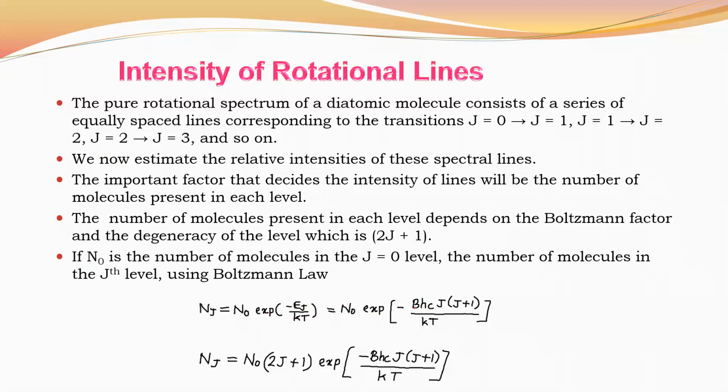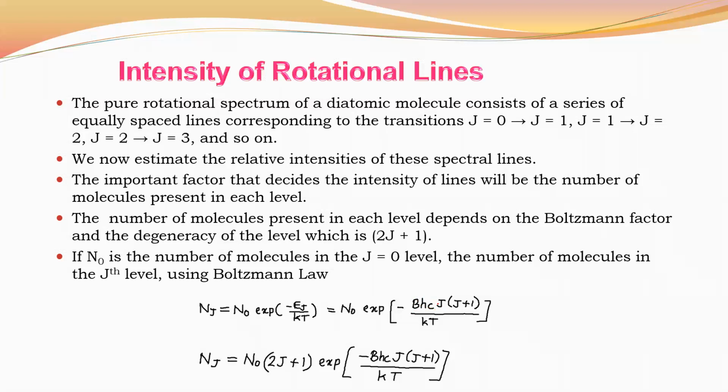We have converted that quantity into joule. What is the value of B here? B is represented here in centimeters inverse, so we multiply it by hc to convert it into joule.